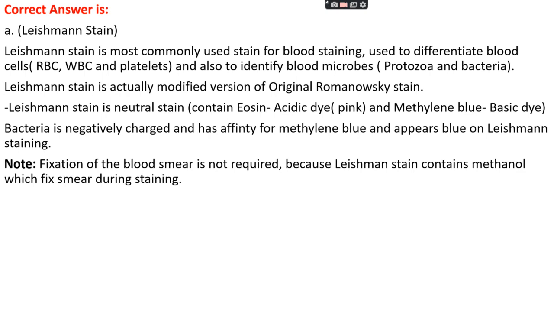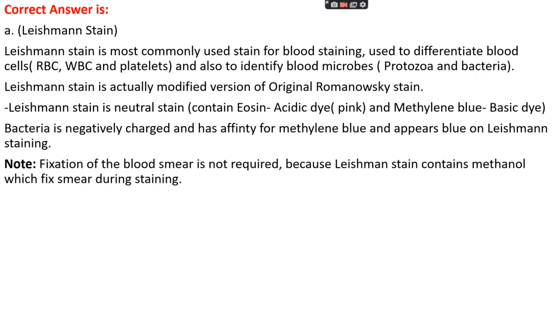Leishman stain is the most commonly used stain for blood staining. It is used to differentiate blood cells, like RBCs, WBCs, and platelets, and also to identify blood microbes, mainly protozoa and bacteria. This Leishman stain is a modified version of the original Romanovsky stain.